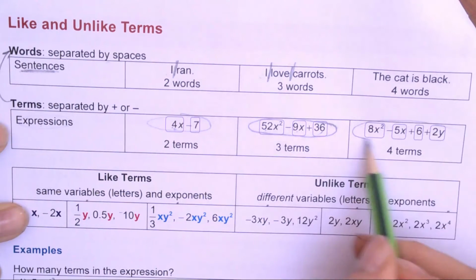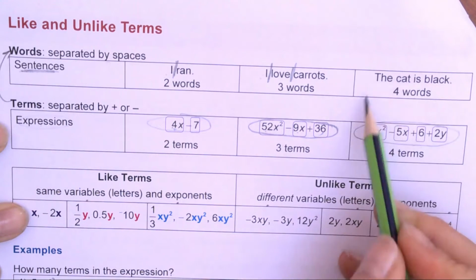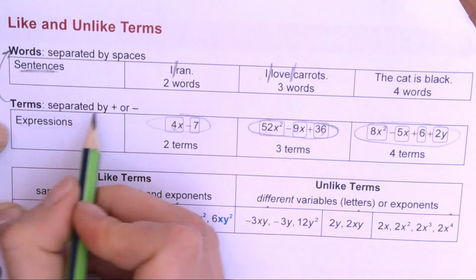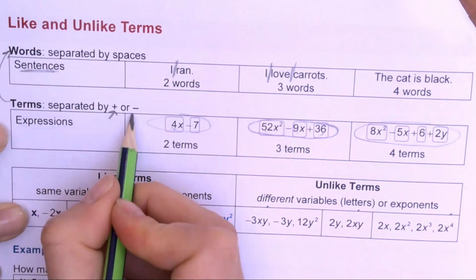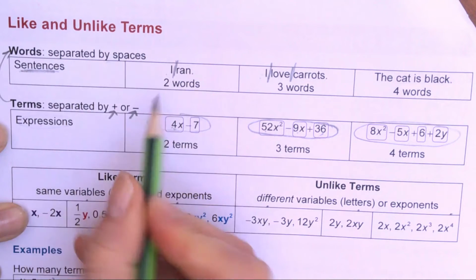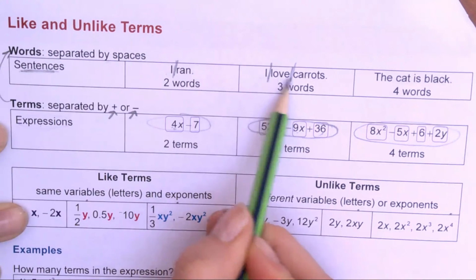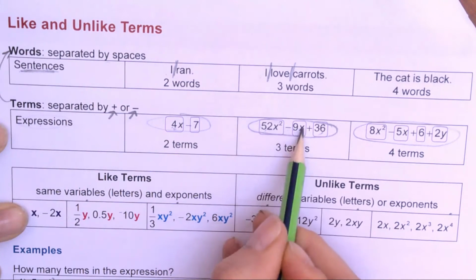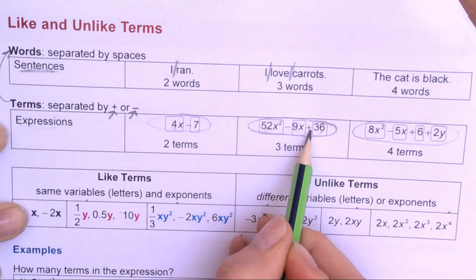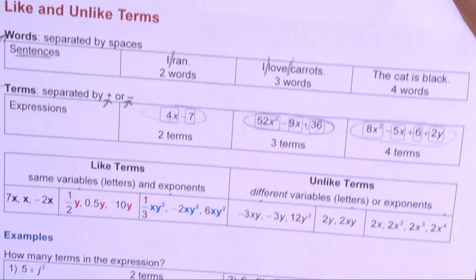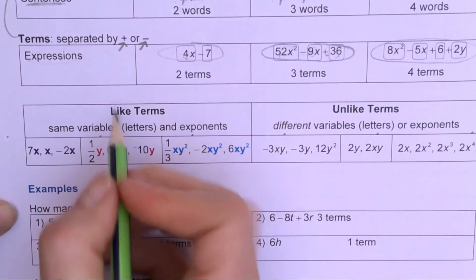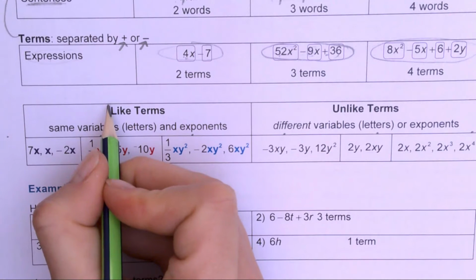Here's my expression, it has 4 terms, just like this sentence has 4 words. So terms in math are separated by add and subtract, just like words are separated by spaces. So you can say here's a subtract, so there's a term because there's an add. Okay. Now we have like and unlike terms. So like is like, what do we have in common?